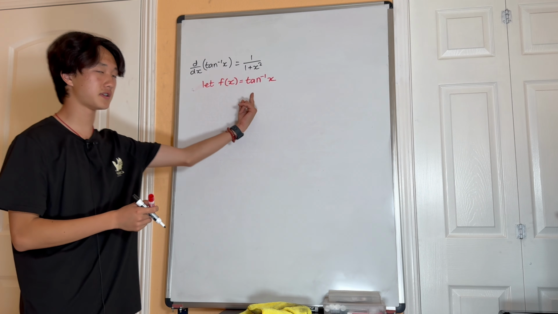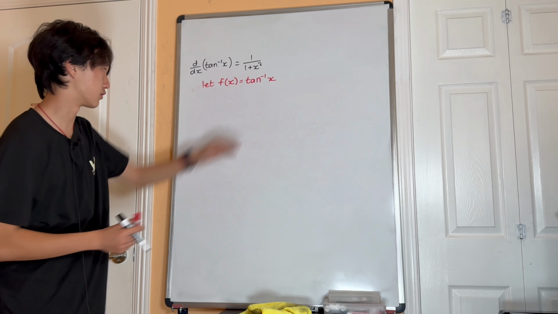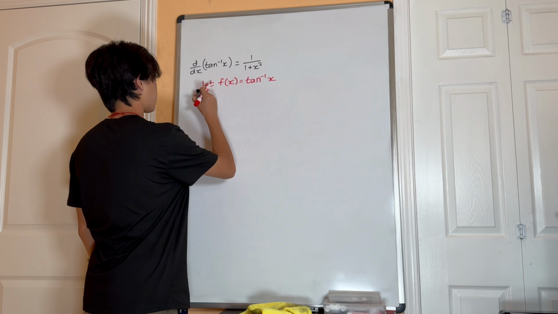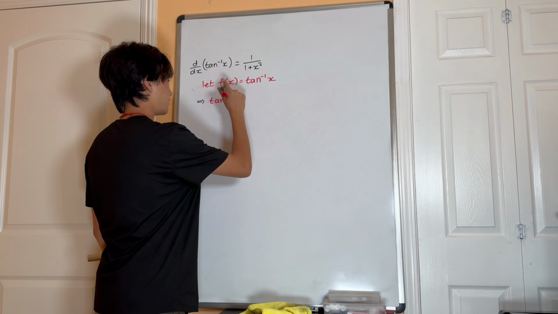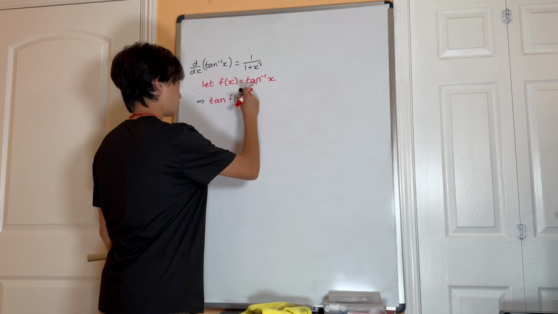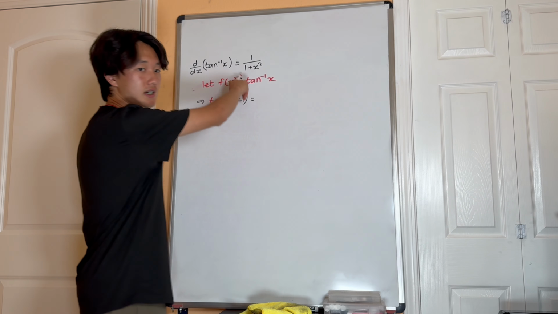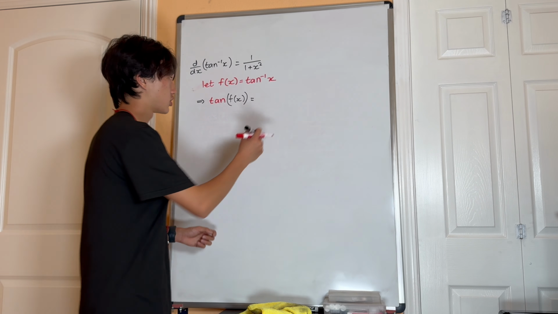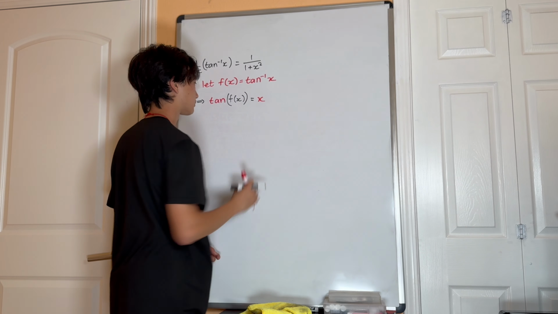Now, we don't know how to differentiate inverse tangent. But if we take the tangent function on both sides, the left-hand side gives you tangent of f of x. On our right-hand side, taking the tangent will cancel out the inverse tangent. That leaves you with whatever's on the inside, which is just the x.